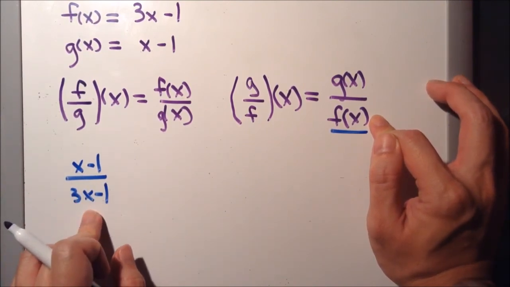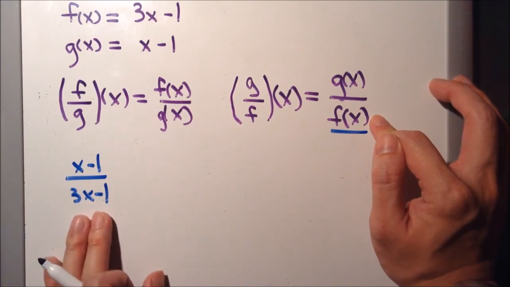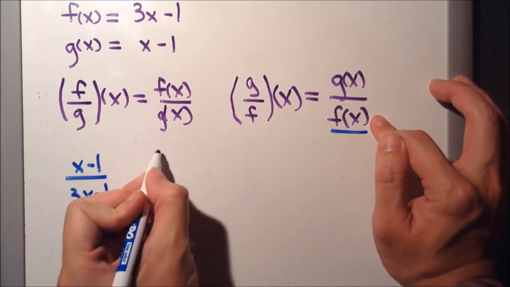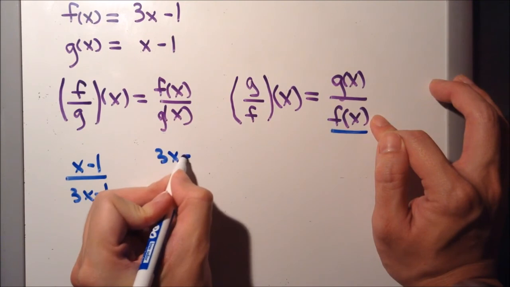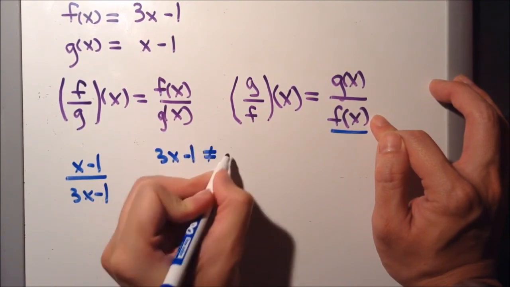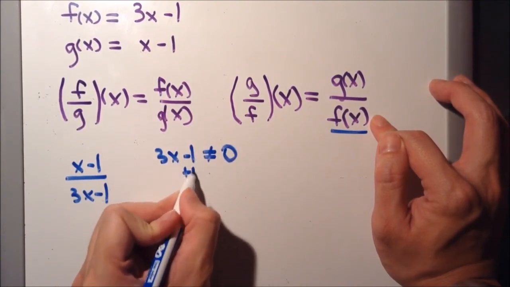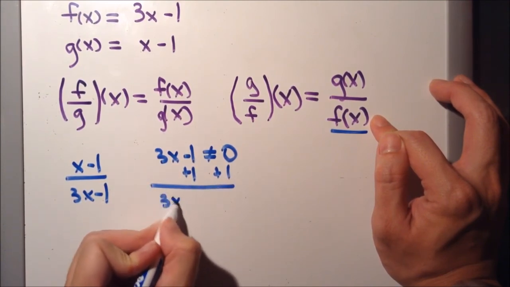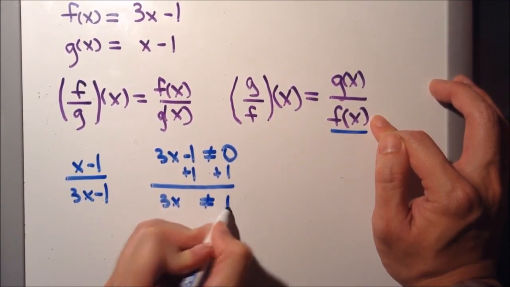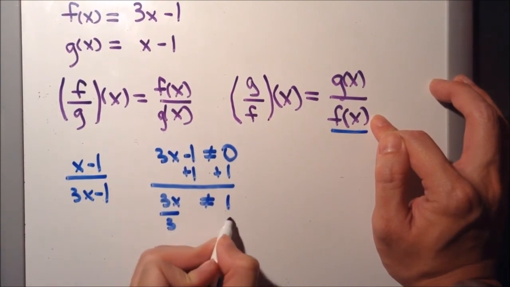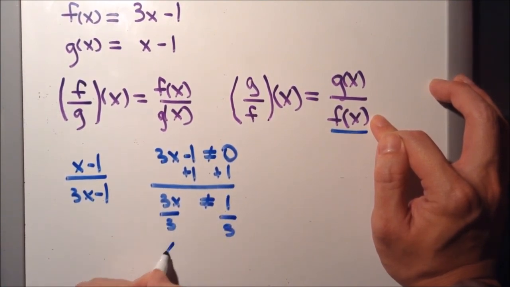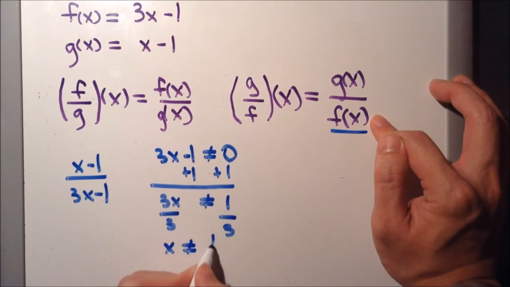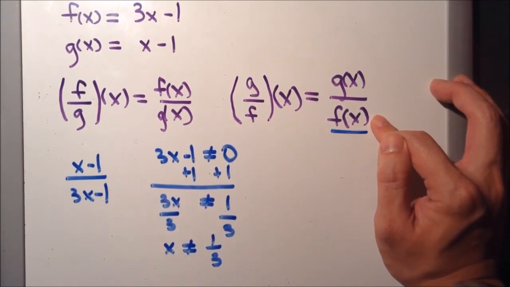Next you're going to set the denominator not equal to 0. So 3x minus 1 not equal to 0. So plus 1 on both sides. So 3x does not equal 1. Then divide by 3. So x does not equal 1/3.